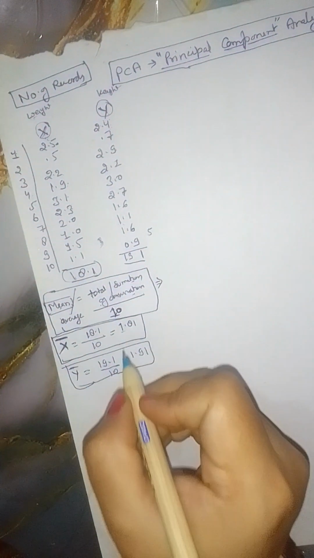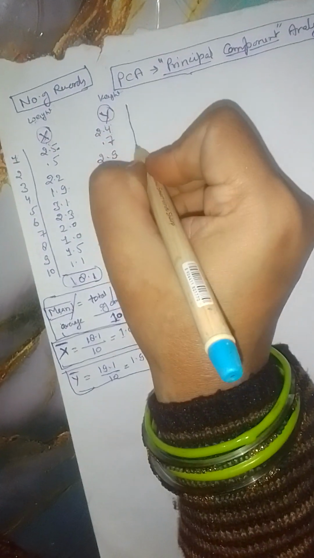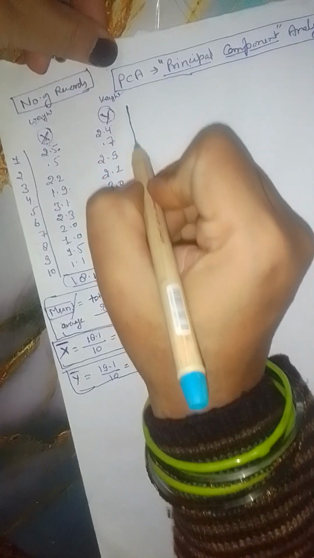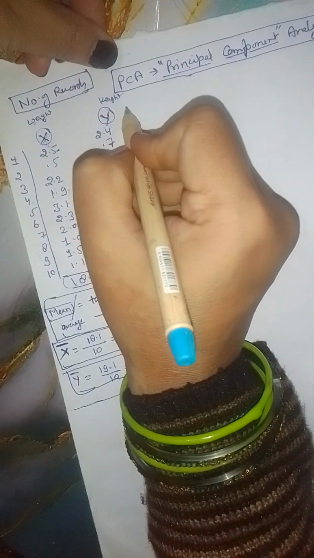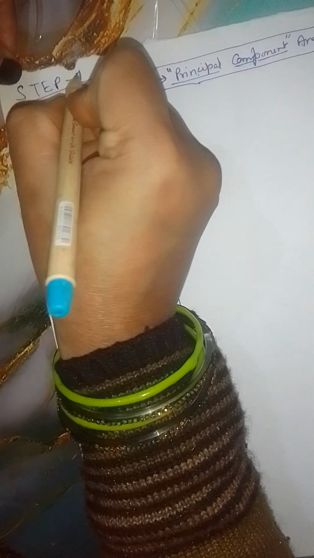So this is step 1. When we calculate principal component analysis, our first step would be this only. So what would be the first step? I am taking this particular part as step 1, so you all don't get confused about what we have to do to calculate principal component analysis, fine.